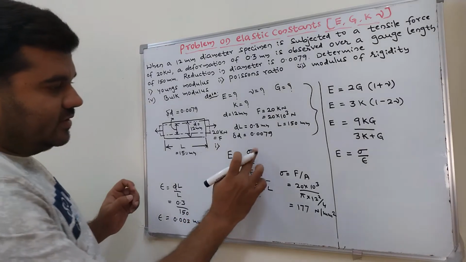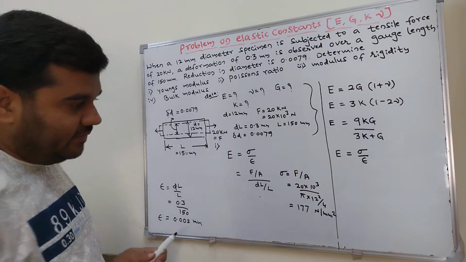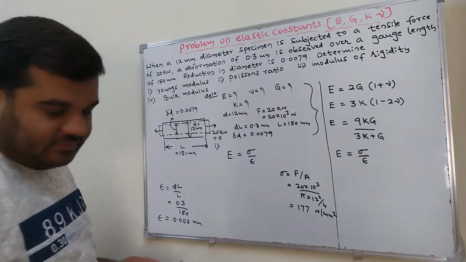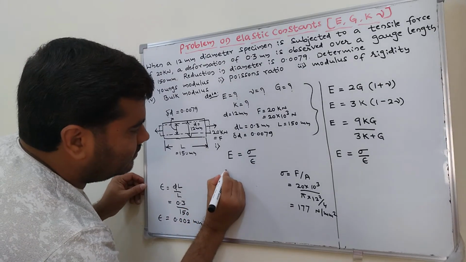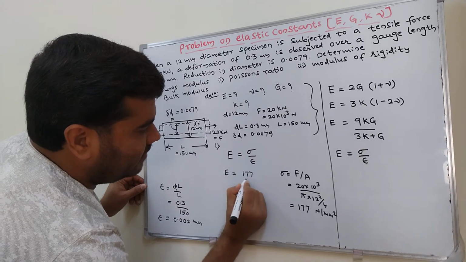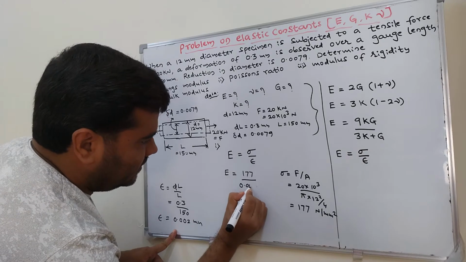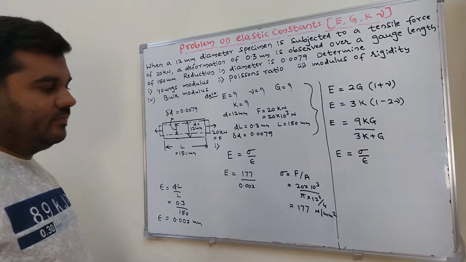Now substitute the stress value and strain value in this equation. E equal to stress, 177 Newton per mm square, divided by strain, 0.002.